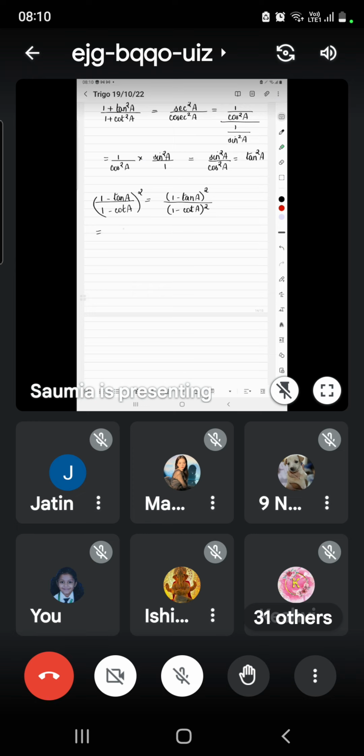So what will I get here? I'll get 1 plus tan square A minus 2 tan A using A minus B the whole square. And the denominator, I'm using A minus B the whole square. So I'll get this.